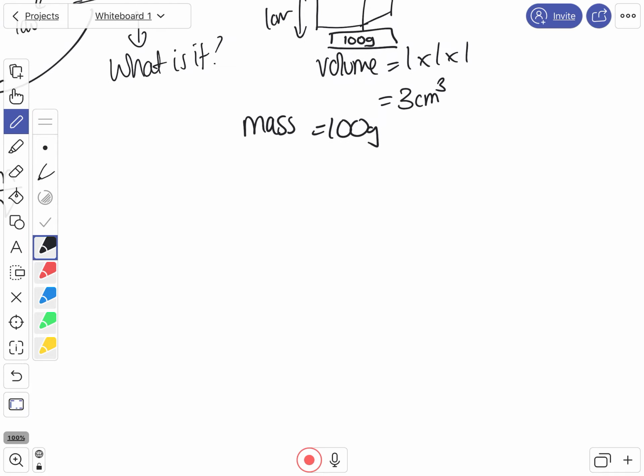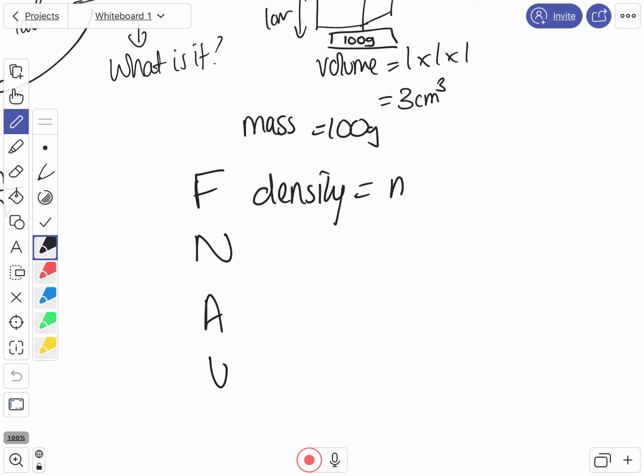Remember how we do equation questions. FNAU: formulas, numbers, answers, units. So what's our formula? Density equals mass divided by volume. Now we're going to put in our numbers.